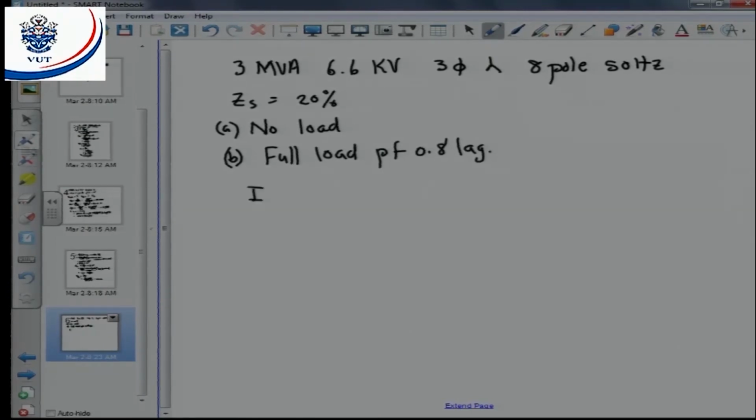First step, calculate the full load current, S divided by square root 3 V line, which is 3000 divided by square root 3 divided by 6.6, which is 262.432 amps.